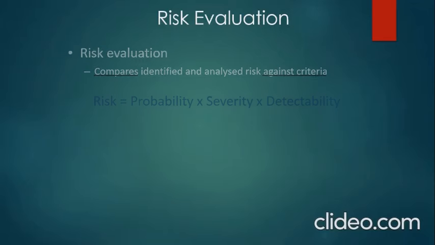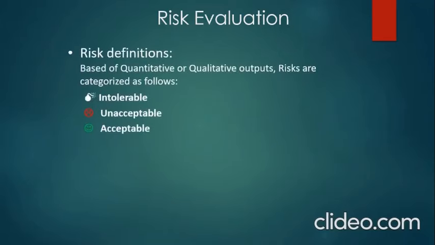Based on the quantitative or qualitative output, risks are categorized as follows: intolerable, unacceptable, acceptable. Intolerable: work to eliminate the negative event or introduce detection control is required as a priority. Unacceptable: work to reduce the risks or control the risks to an acceptable level is required.